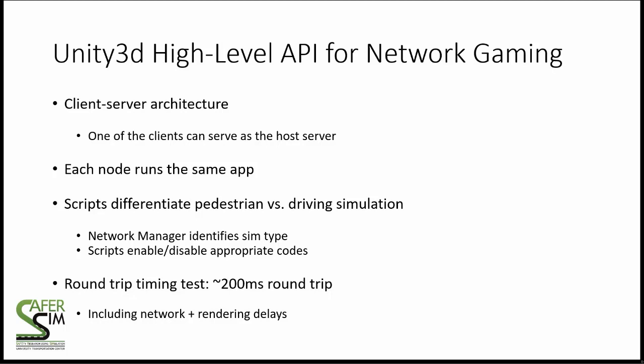To mix the pedestrian and the driver, we need to modify the built-in network manager a little bit, so we can put one side as a pedestrian player and one side as a driver player. Then on each side of the code, we figure out whether we're running as a pedestrian or a driver, and use that variable to figure out where to put the camera, and whether we should move the pedestrian or move the car.